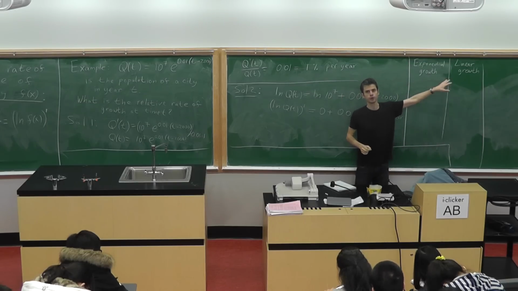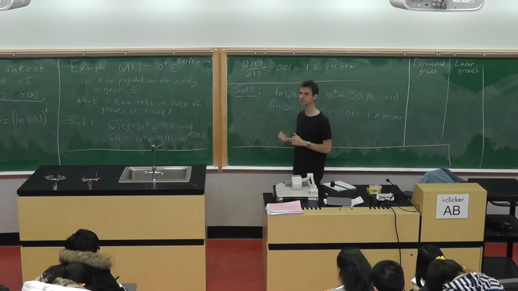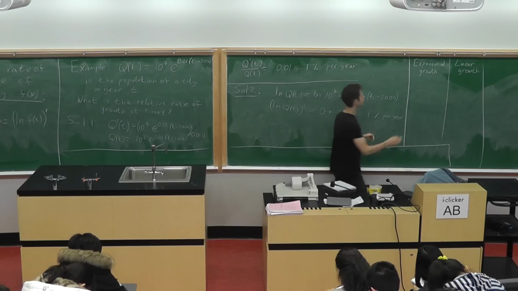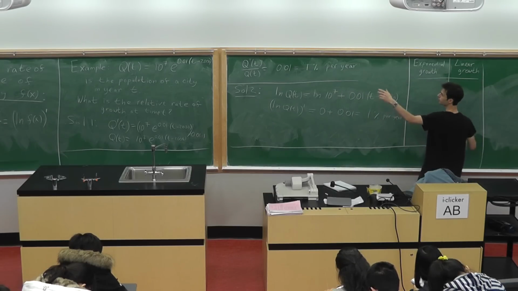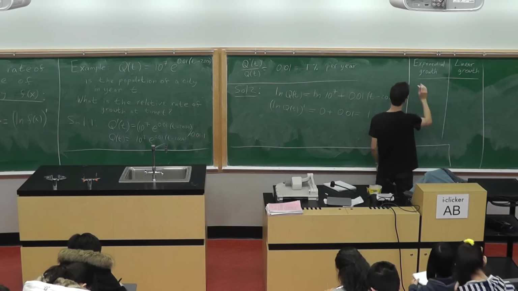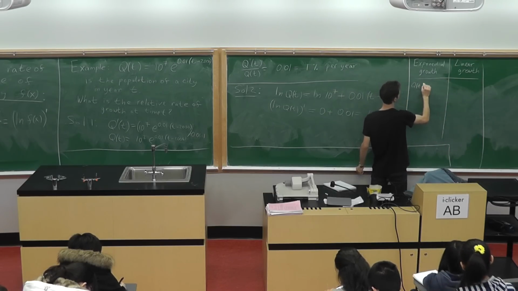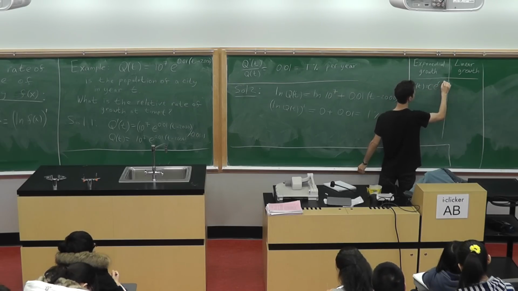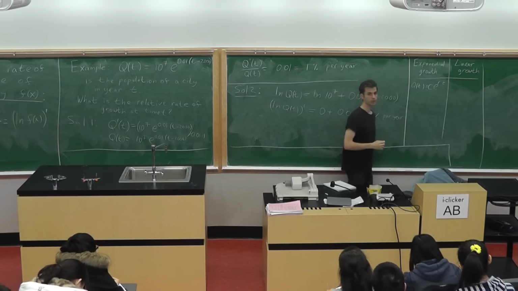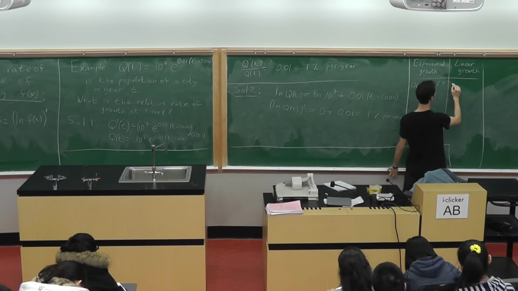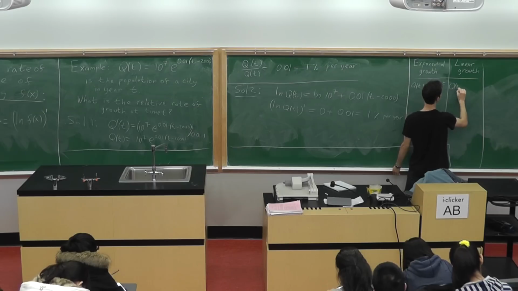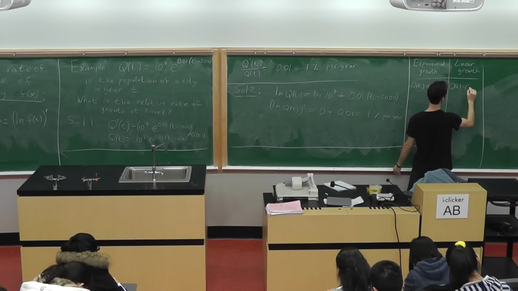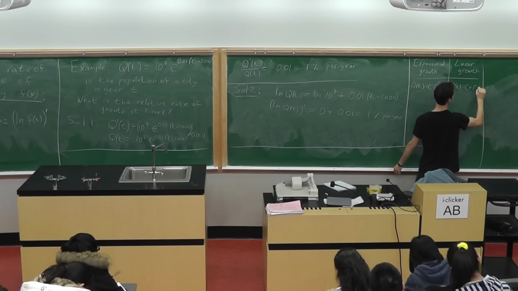These are very important kind of models of growth, and what we see here in this example, well, first of all, what are they? Here the quantity is of this form: a constant times e to the power of some rate r times t, r is some number, and here we have quantity is some constant plus some rate r times t.